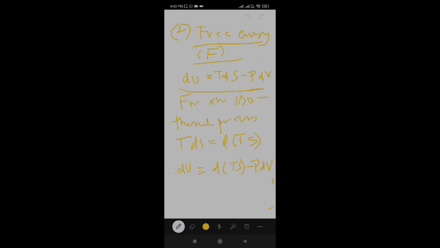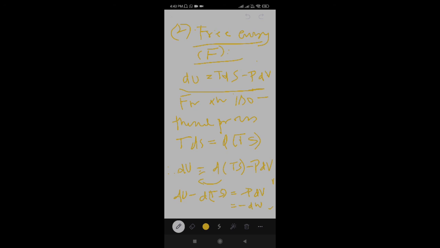Now you take this d(TS) to this side. Then dU minus d(TS) is equal to minus PdV. Actually, what is PdV? It is the expression for work, dW. So this is minus dW.